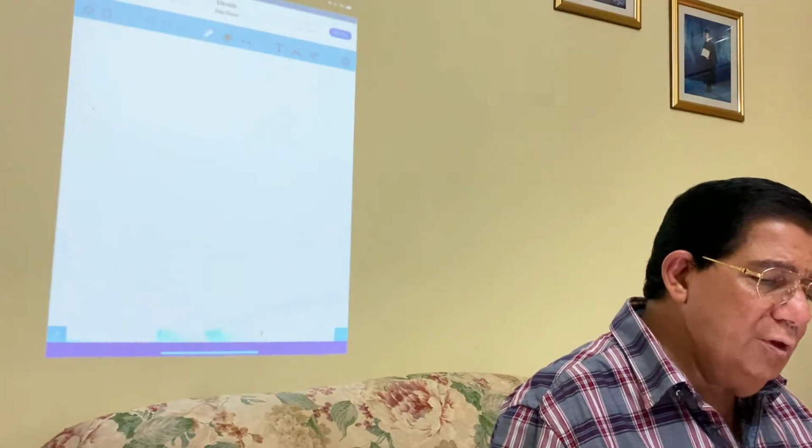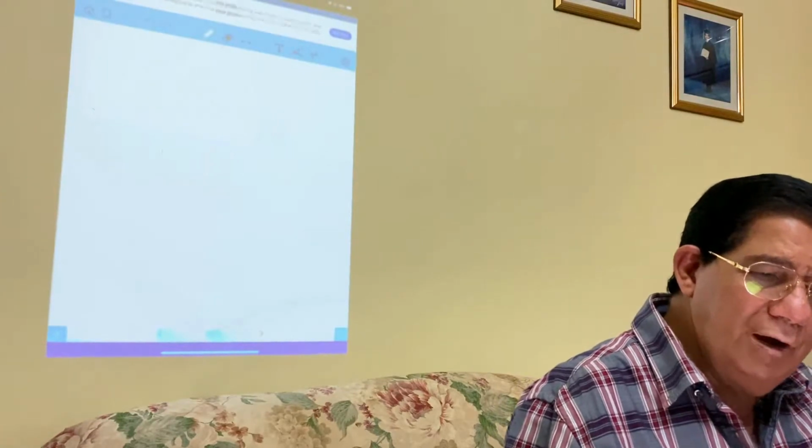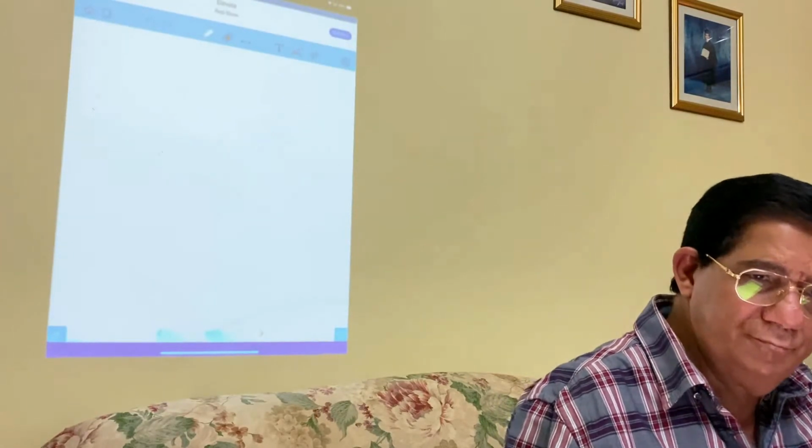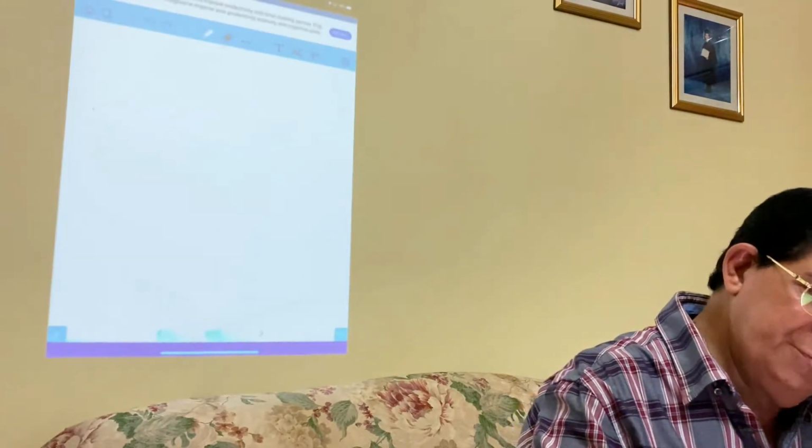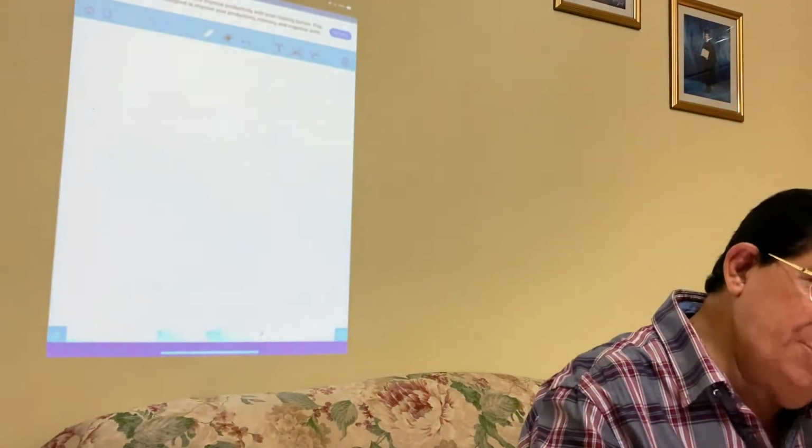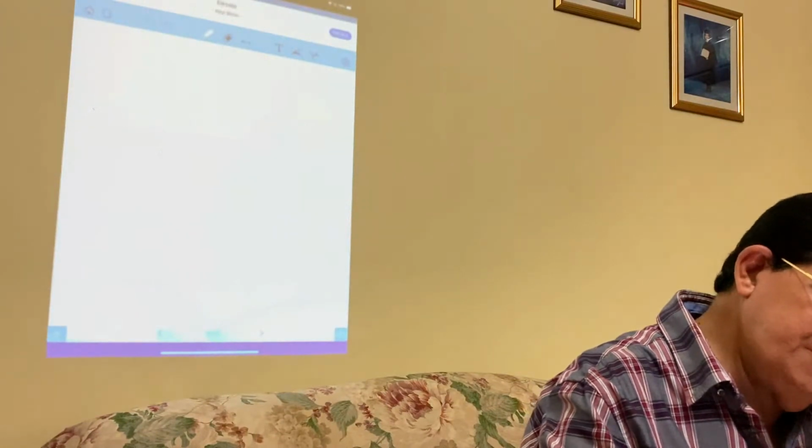Now we are going to go into new standard rules. The first new standard rule is this. I take an example first and I write the rule.